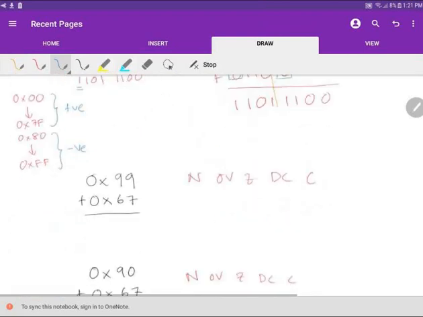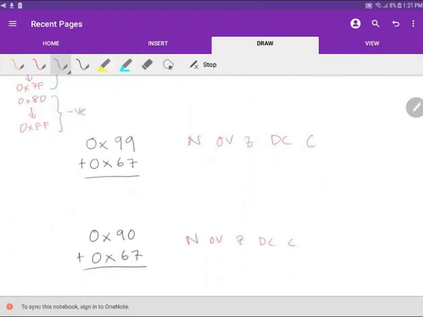Let us try another example. We have hex 99 plus hex 67. So let us try to solve this first. Oh, sorry. 9 plus 7. 16.